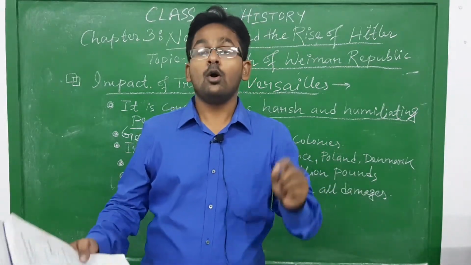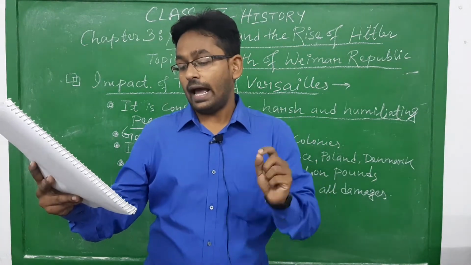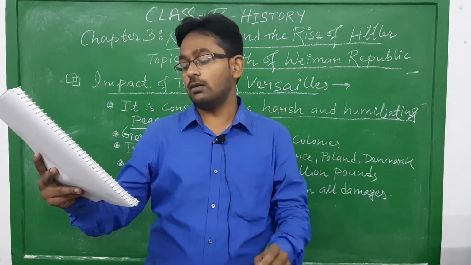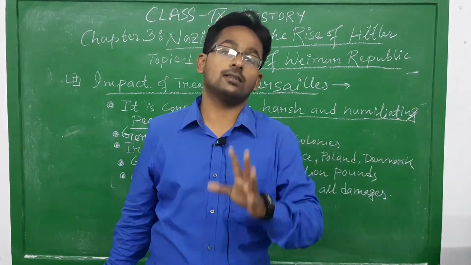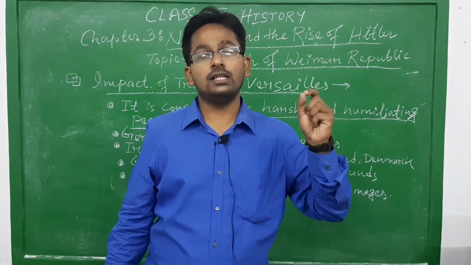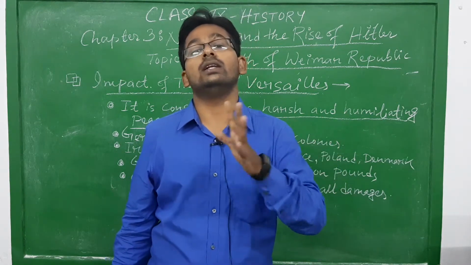Therefore the war guilt clause was imposed on Germany, making it responsible for the war and the damages that the Allied countries suffered. That's why all Germans considered the Treaty of Versailles a harsh and humiliating peace.